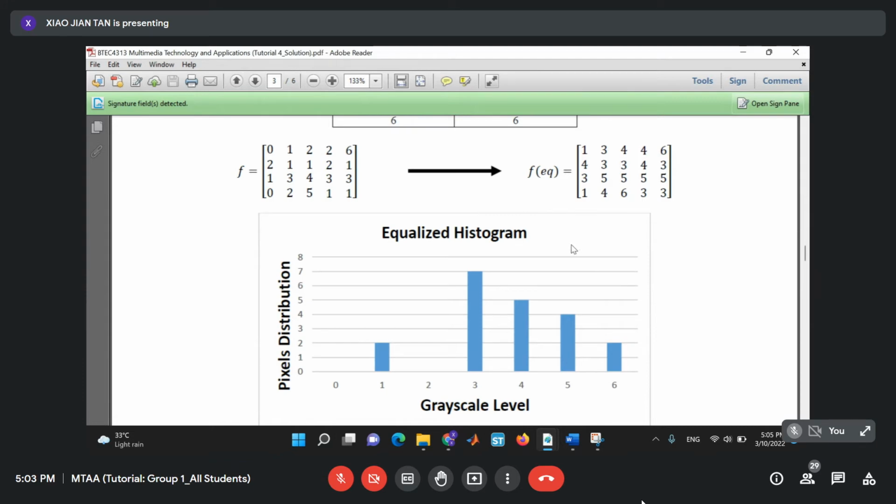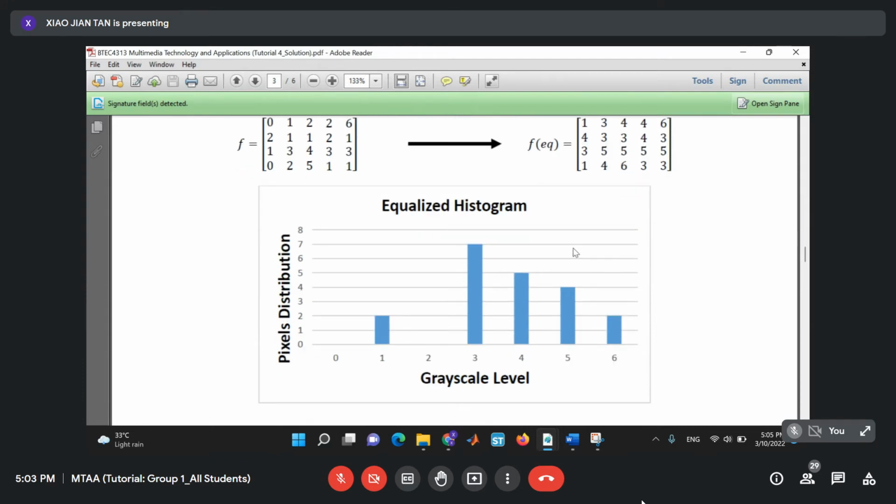In terms of practical use, I seldom use histogram equalization to solve image processing issues. If you want to process the image to make it visually pleasant, I think equalization is okay.